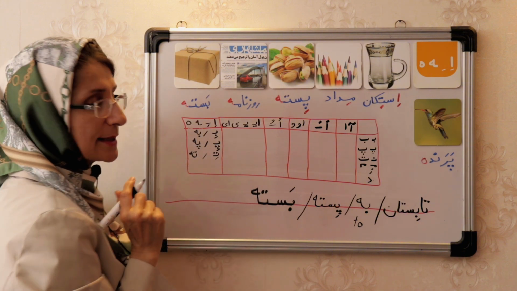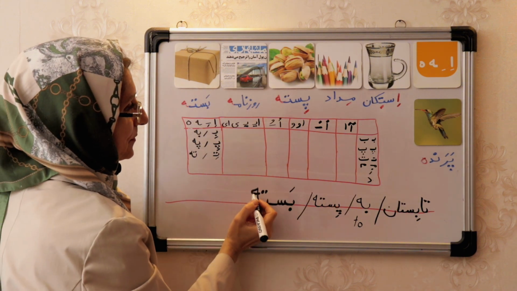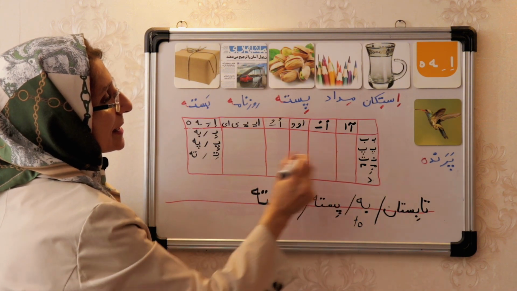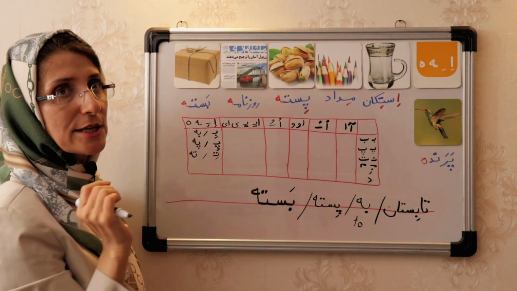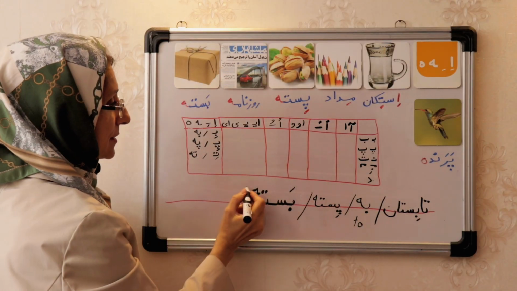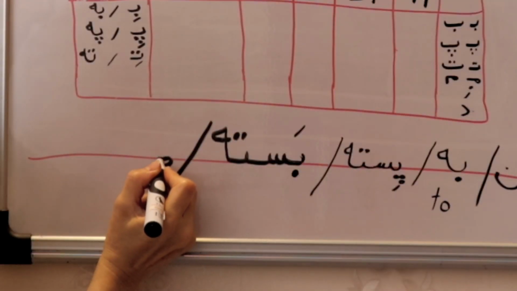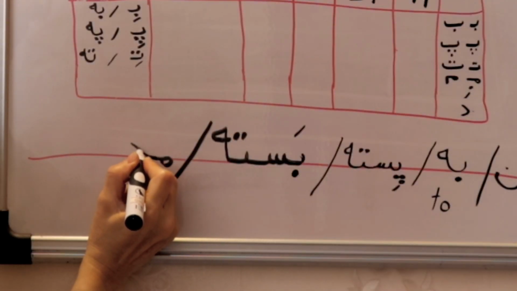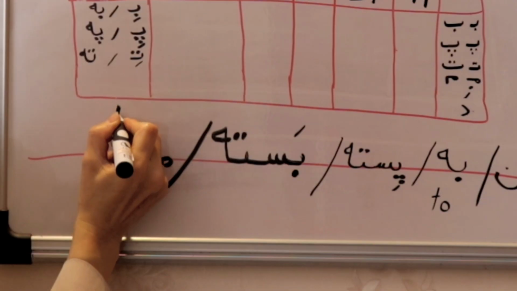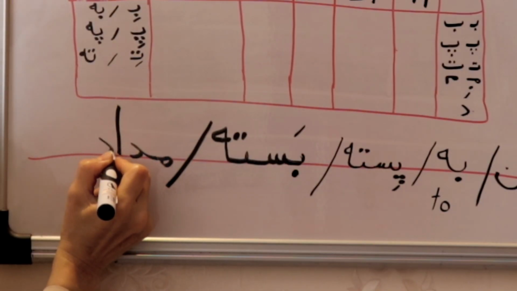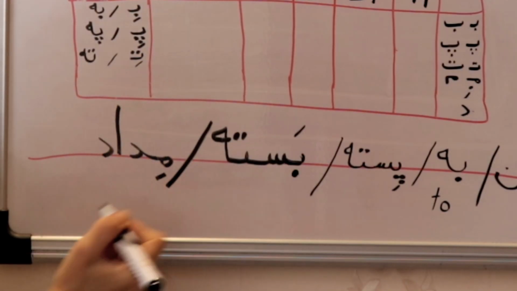بسته. M and A will be like مداد. Write me, then the sound A and D, then مداد.